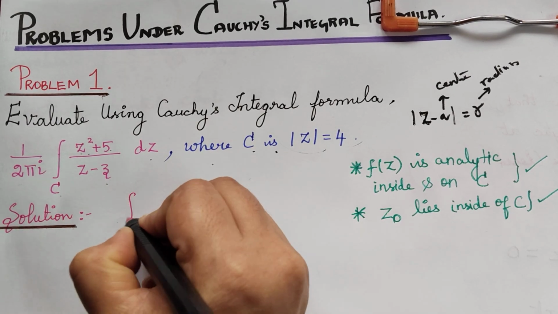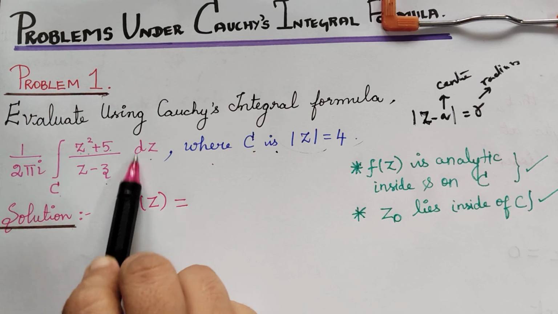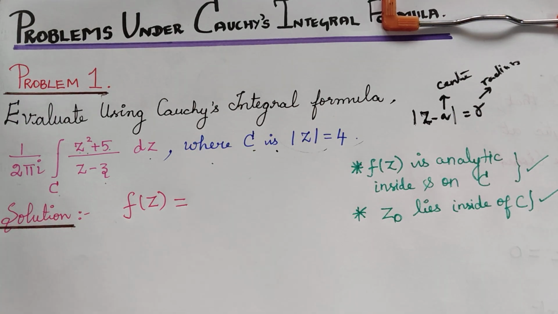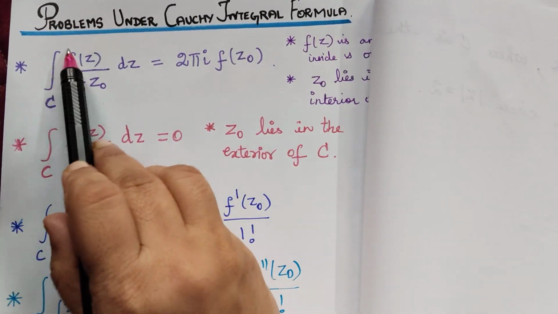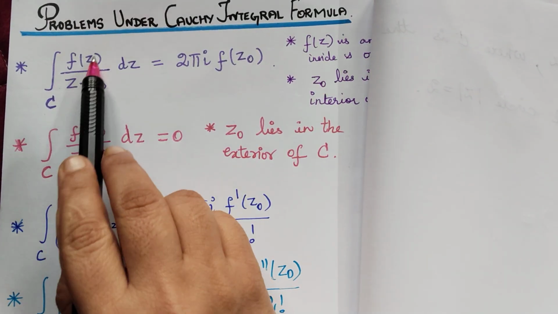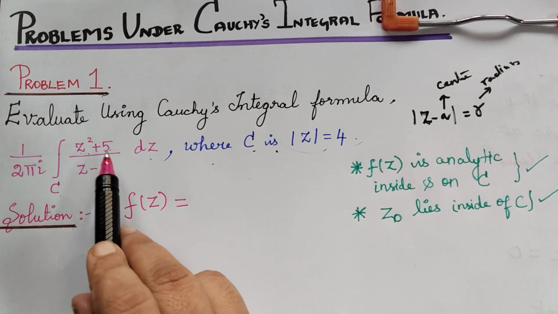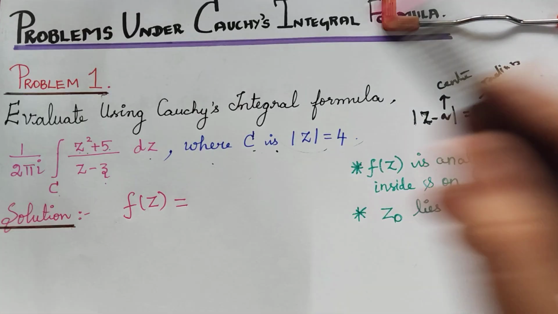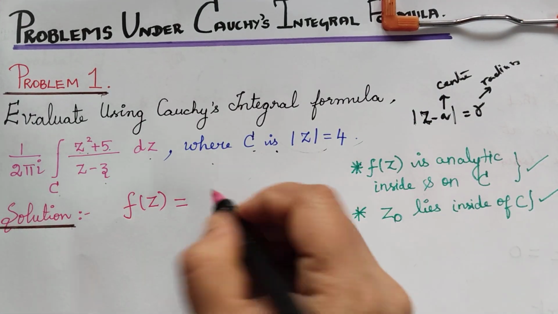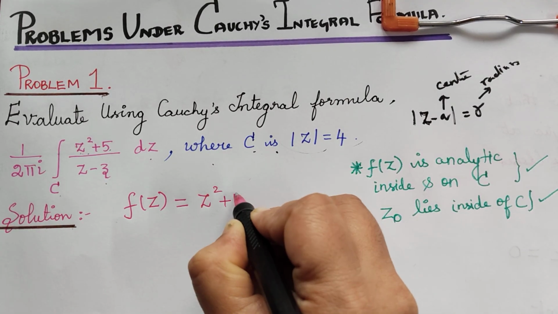Now what is f of z given here in the question? When we compare with the Cauchy integral formula, integral over C of f of z by z minus z naught dz, in the place of z minus z naught we have z minus 3, and in the place of f of z we have z square plus 5. So on comparing, f of z is equal to z square plus 5.